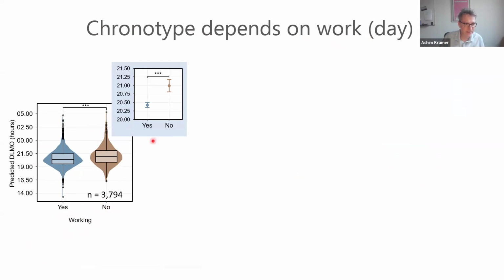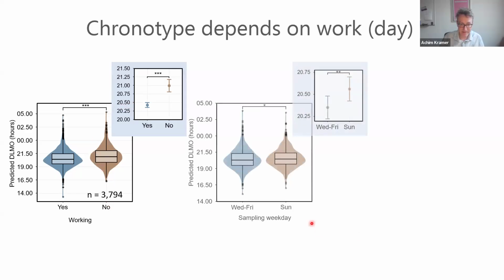Then the working people have an earlier chronotype than the non-working people, and it's even more short term. If you analyze the data when people sample between Wednesdays and Fridays compared to all the tests done on a Sunday, the Wednesday and Friday tests give earlier chronotypes than the Sunday tests.